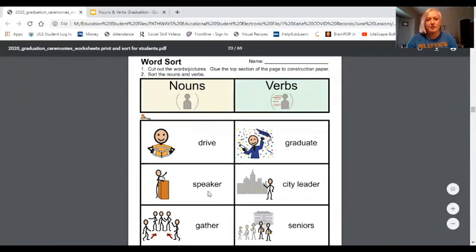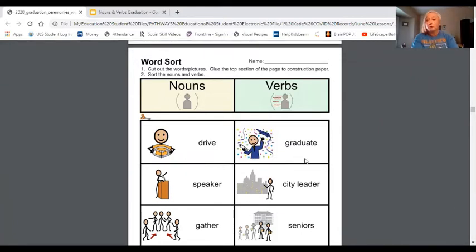We finished all the ones in the left column, so we're going to cut out our words in the right column next. This word I know from our reading is supposed to be graduate. Graduate means you are finished with school.